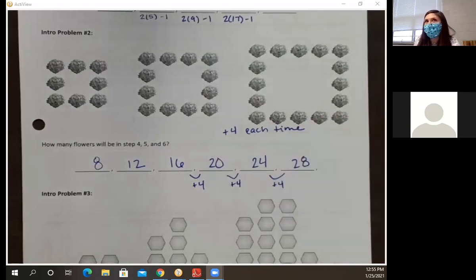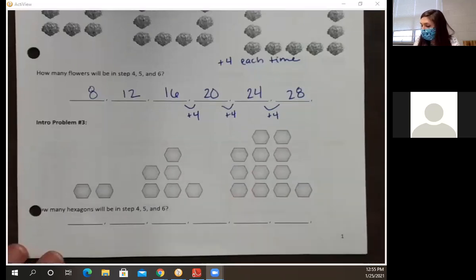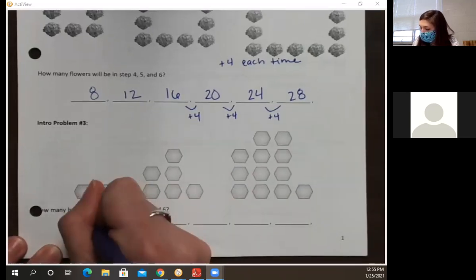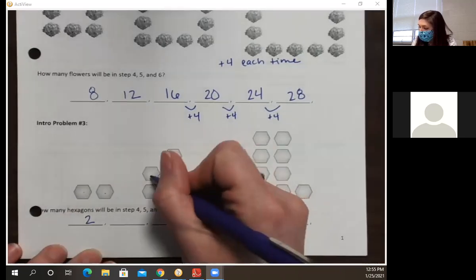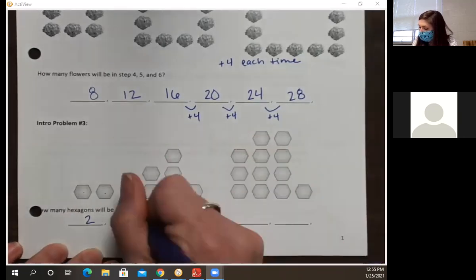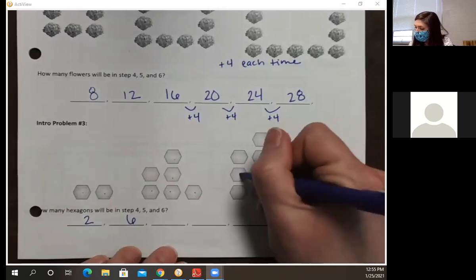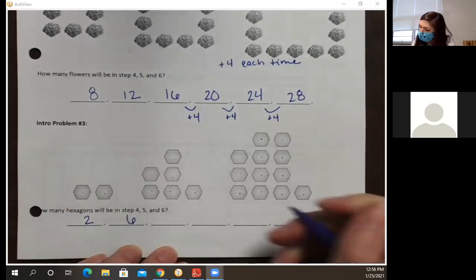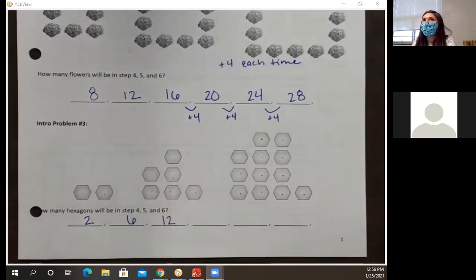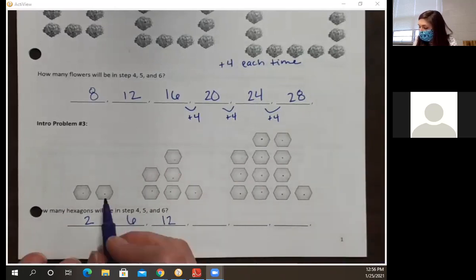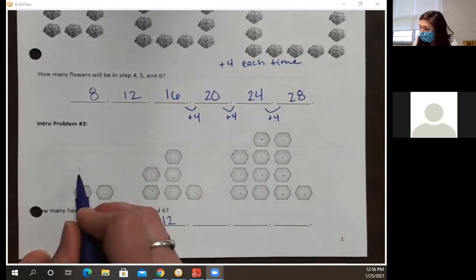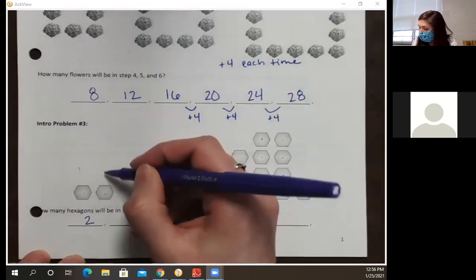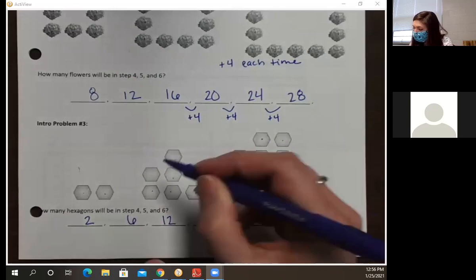How about this third problem down here towards the bottom of page 1? We start off with 2, and then we've got 6. And then 12. If I take a look at my pictures, it looks like I add 1 to the end, add 1 to this guy, and then add 2 to that sort of middle term.